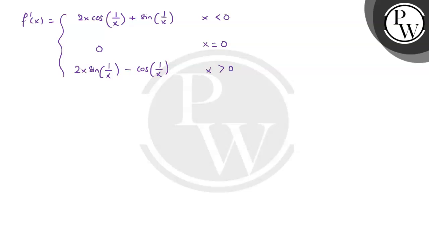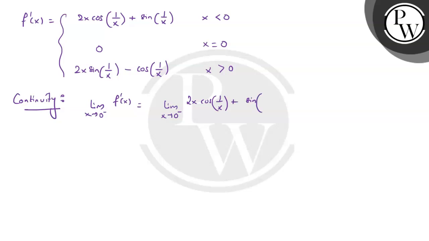Now let's check the continuity for f prime of x. To check the continuity, first we have to see whether the limits exist. So first we have limit x tends to 0 minus of f prime of x is equal to limit x tends to 0 minus of 2x times cos of 1 divided by x plus sine of 1 divided by x.